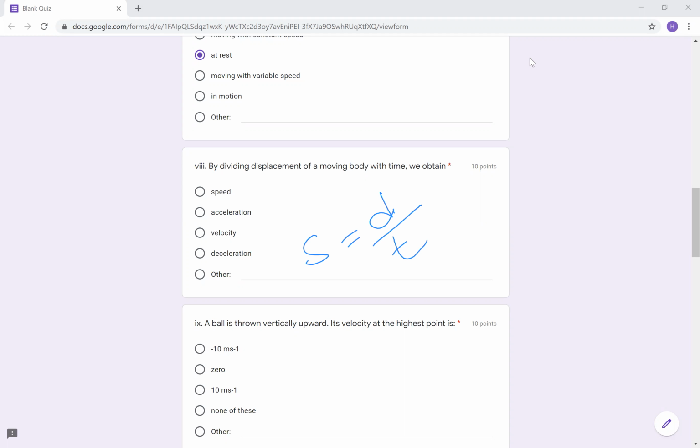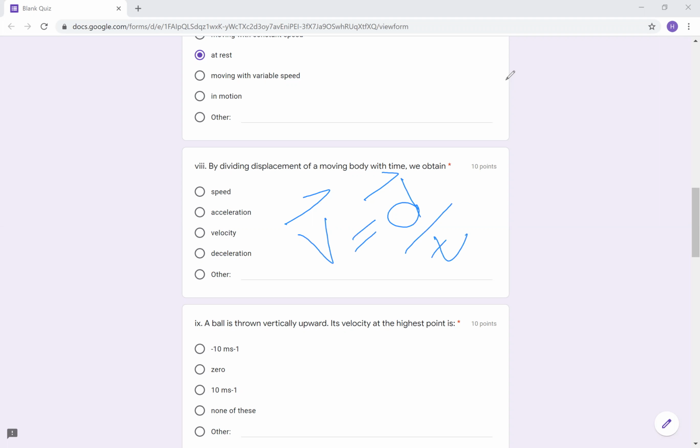But in this case, we have to divide the displacement, not distance. So this formula is for scalar quantities. Now we have to understand the difference between scalar and vector. Vectors are those quantities which have direction. So velocity is a vector quantity which has a certain direction, and displacement is a vector quantity as well.